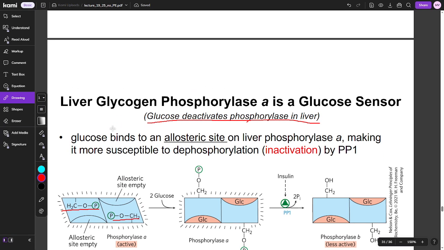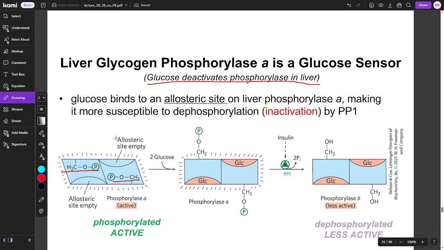So you can think of it like when glycogen phosphorylase is active, in its phosphorylated state, it's going to keep breaking down glycogen and releasing glucose, right? Eventually, that glucose will feed back onto glycogen phosphorylase and fill these two sites here.